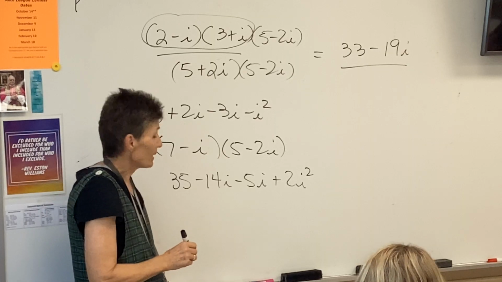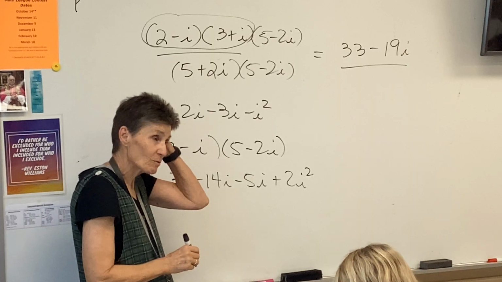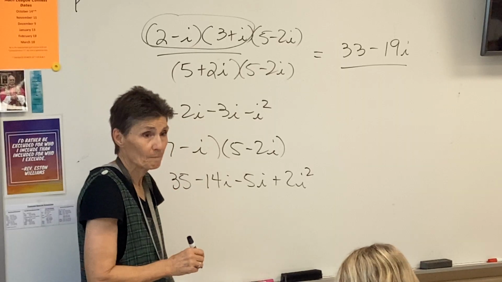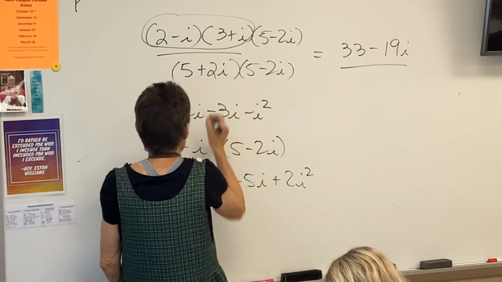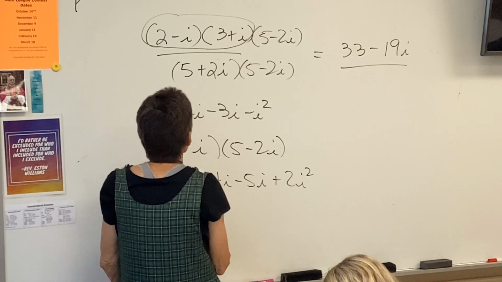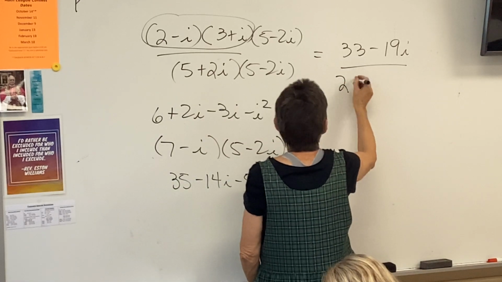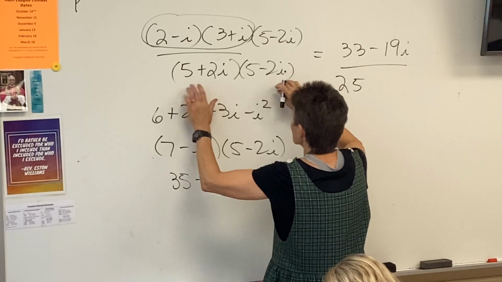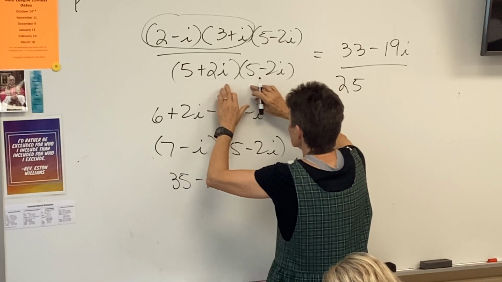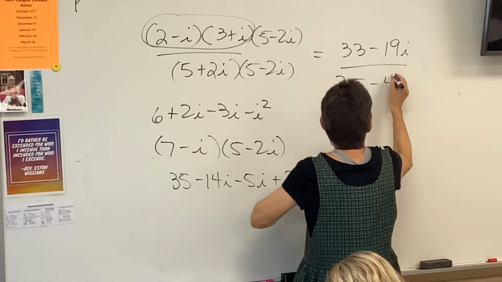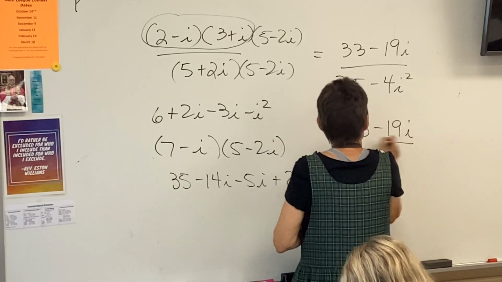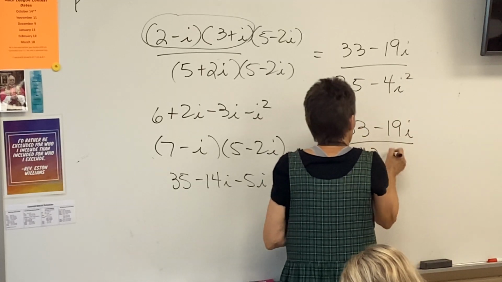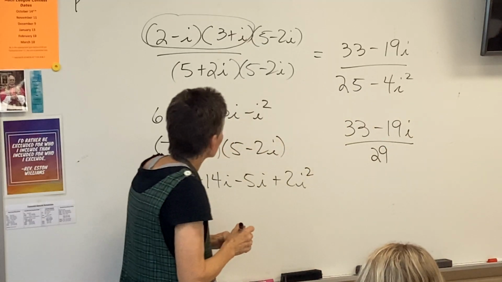Good. Okay, now we're having so much fun, we might as well do the denominator. So the denominator is going to be 25 minus 4i squared. Did you get 29 down there?